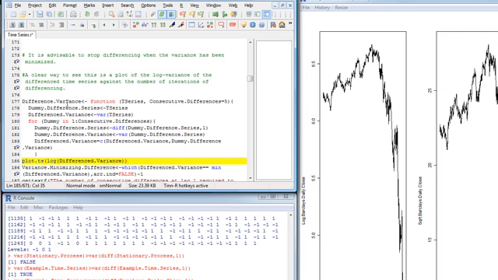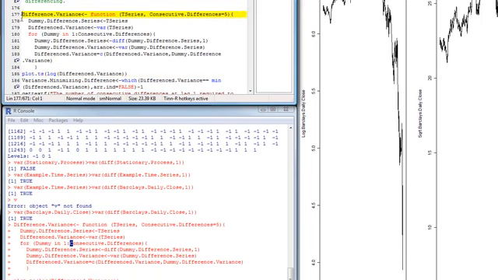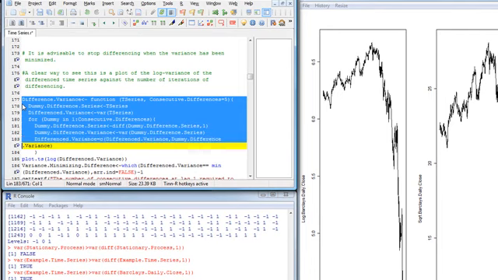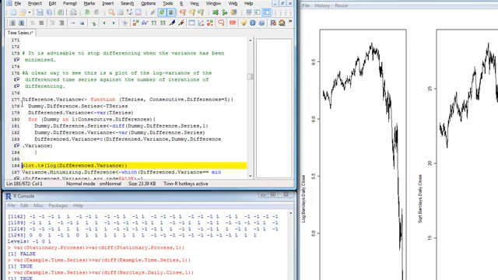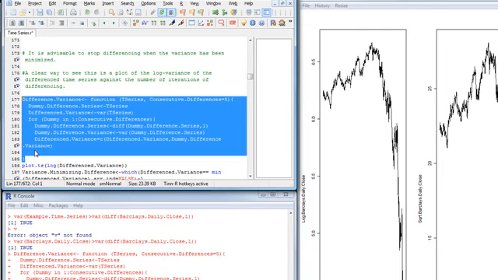Okay, let's just do that again. That's a function defined.